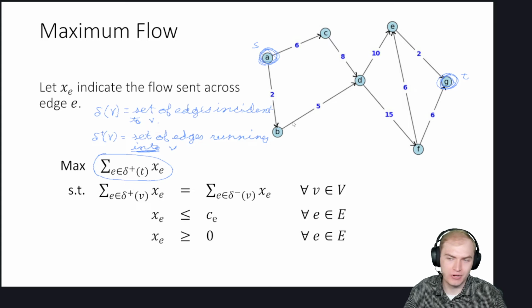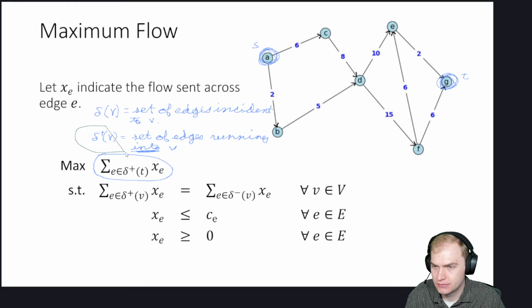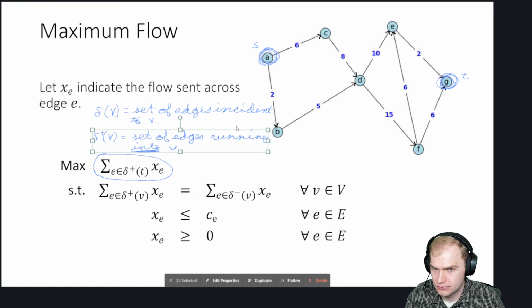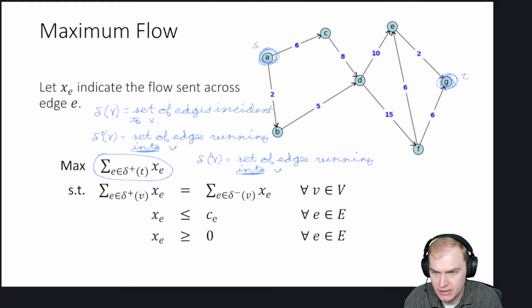So if the arrowhead points towards vertex v, that edge is in delta plus. Similarly, delta minus is the set of edges running out of v.